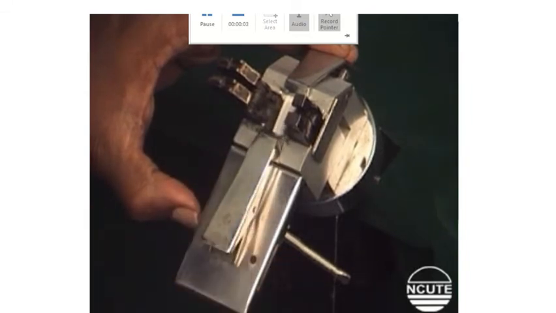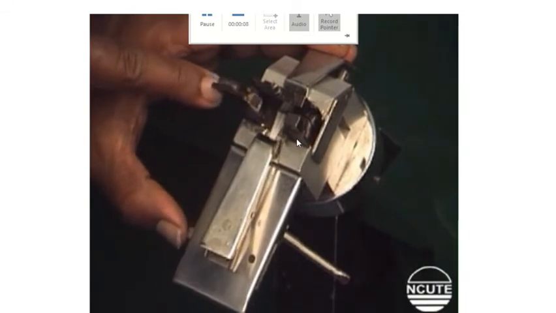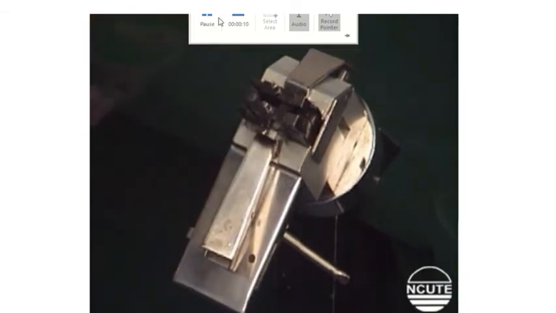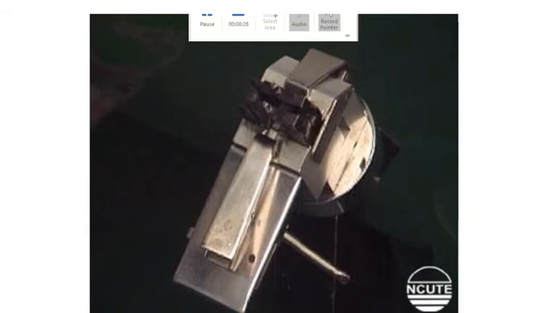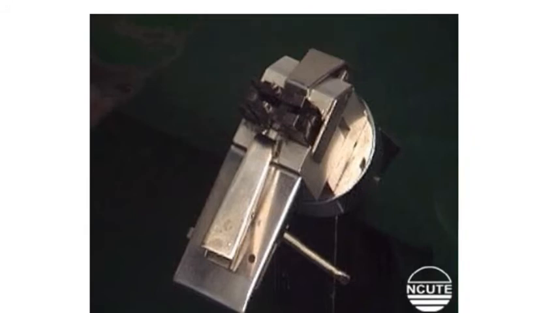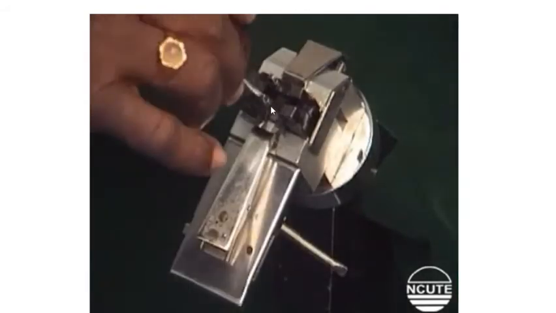Now the tweezer is pulled down and the jaw holders are closed. These are the two jaws and in the jaw holders the fiber is kept and these two nuts are locked, tightened. It is tightened here and the nuts are locked. Using this, the nut is locked.